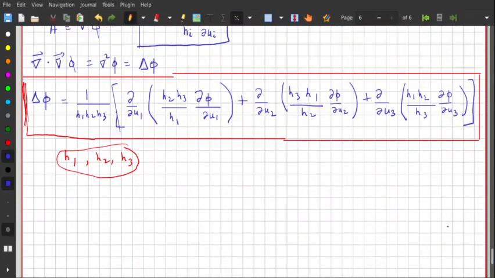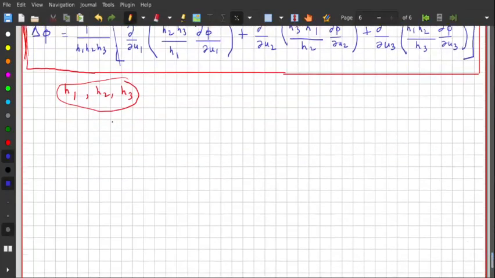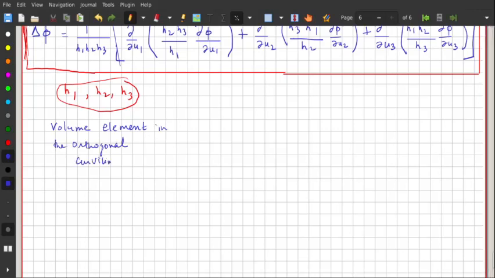Before that, let's write what the volume element is. The volume element in the orthogonal curvilinear coordinates that we used is, I think, given by h1 du1, h2 du2, h3 du3.